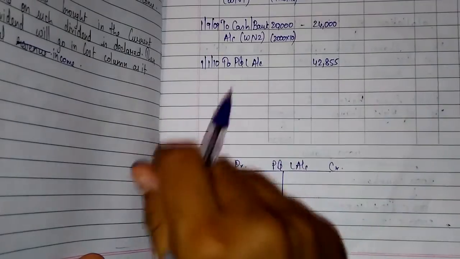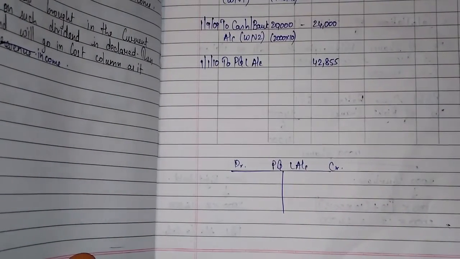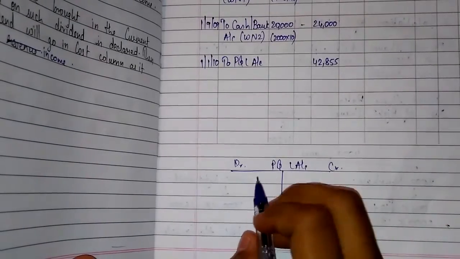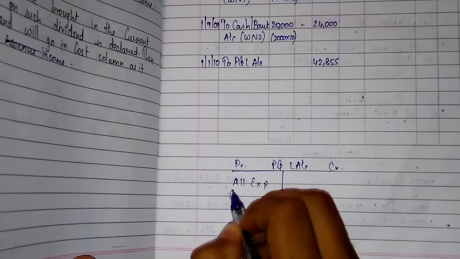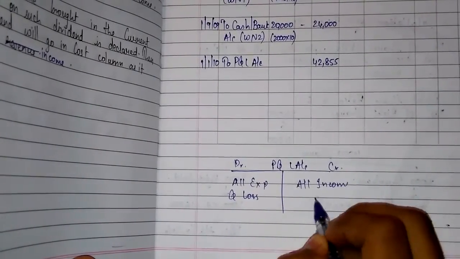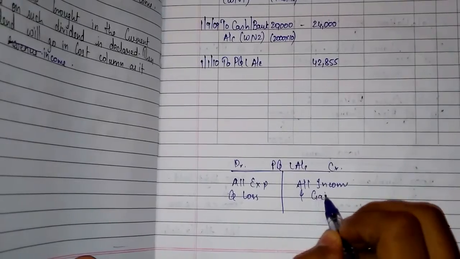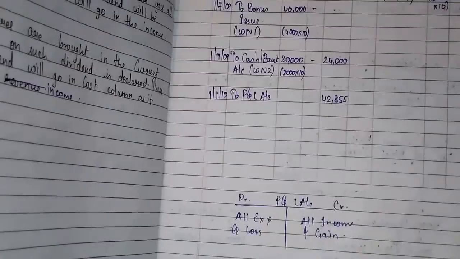Don't worry, I'll be drawing this entire golden rule in the last after solving this sum. So don't worry, debit all expenses and losses, credit all income and gain. Hope this is quite clear to you all.